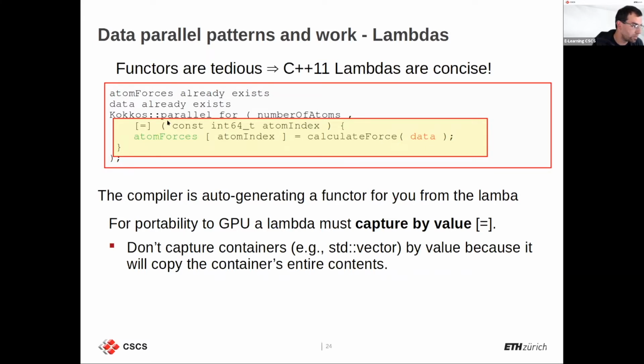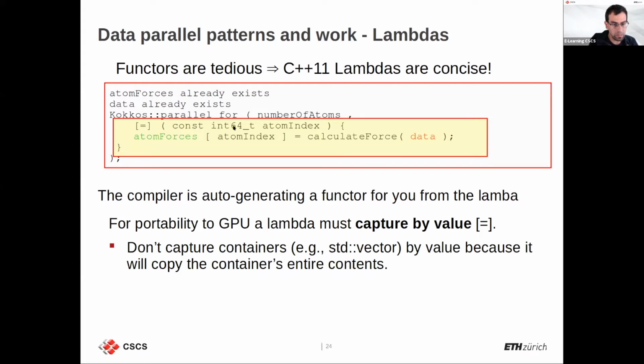So the code snippet means we already have some data from before, in this case the atom forces. Then we still have this parallel for. Then we have the iteration number, which in this case is the number of atoms. And then we pass the lambda. For the lambda, there are two important things.